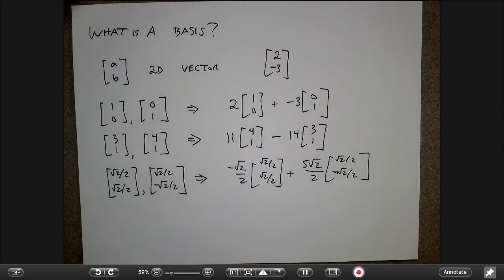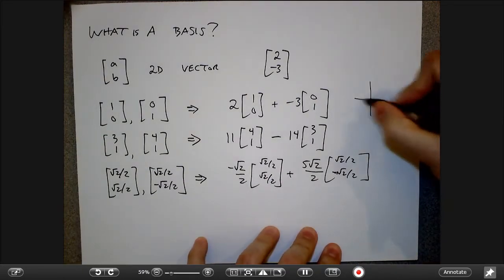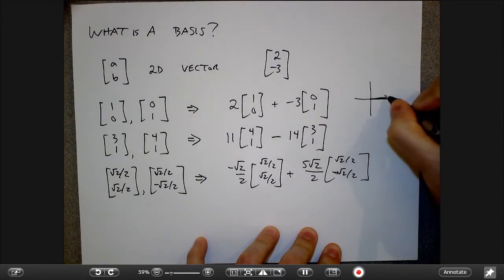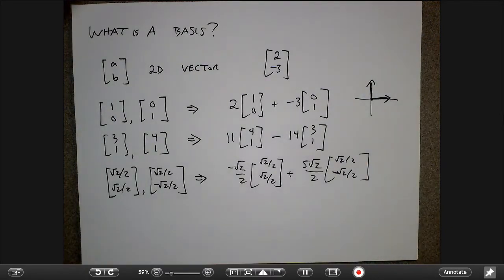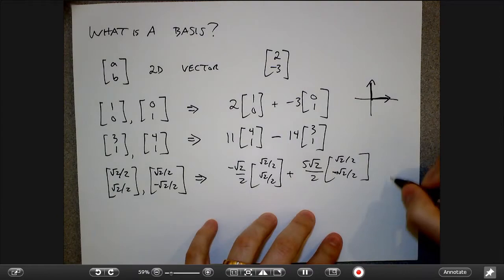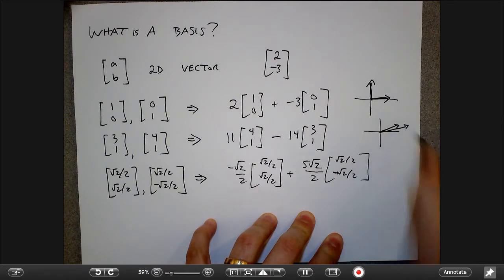One way to think about this is that a basis is represented by a set of vectors in that space. For example, in this case, my basis vectors are unit vectors that are pointed to the right and up. In this case, my basis looks a little bit different. I've got one vector like this and one vector like that.